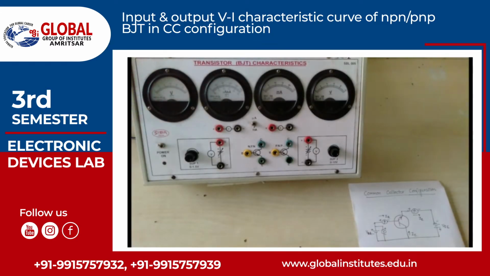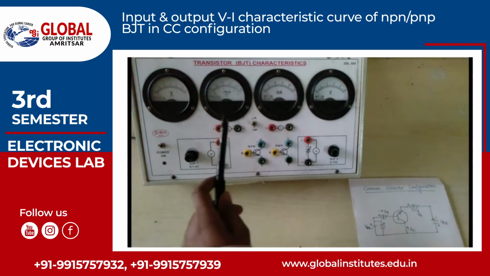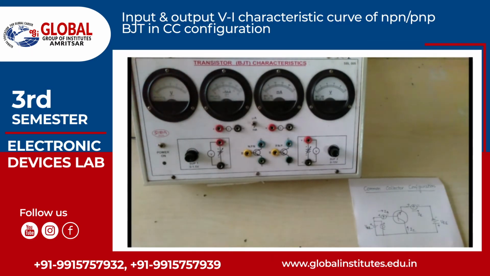Let's start with the practical part of the 6th experiment of Electronic Devices Lab, that is the transistor characteristics in common collector configuration. This is the circuit diagram of the common collector configuration. In this experiment, we will use transistor characteristics kit and connecting leads.